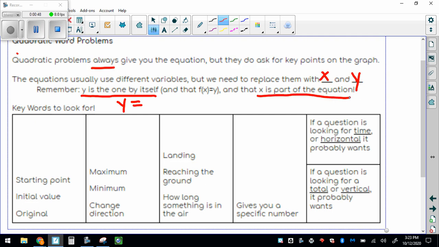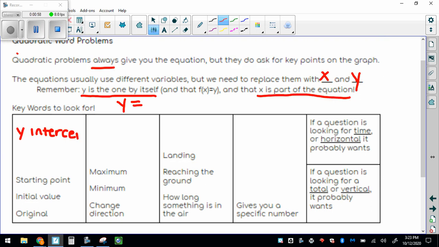So I've got some keywords to look for. Anything that asks for a starting point, an initial value, or the original amount is probably looking for your y-intercept. Anything that's asking about the maximum, the minimum, or changing direction, turning around, is probably going to be looking at your vertex.